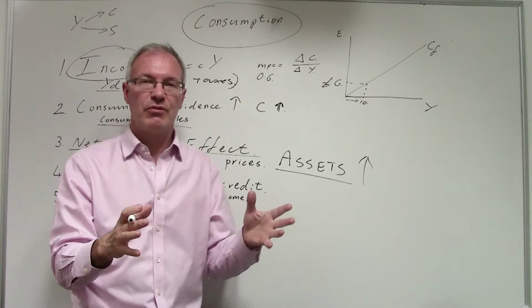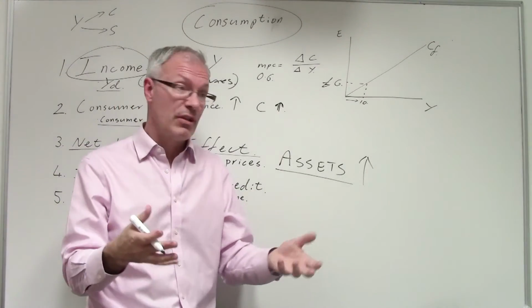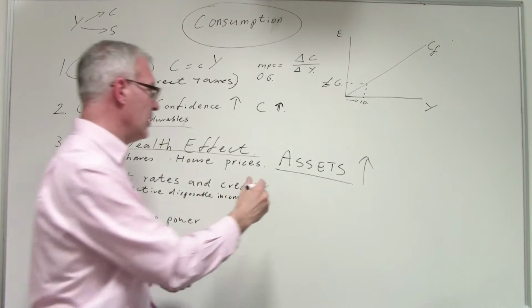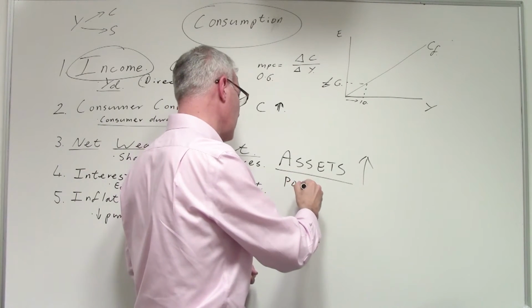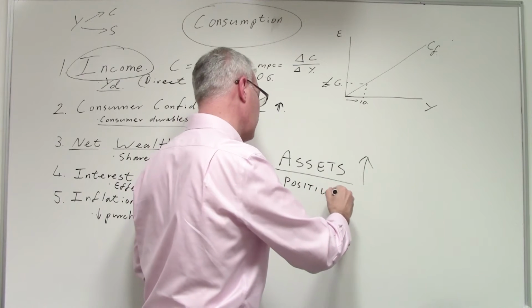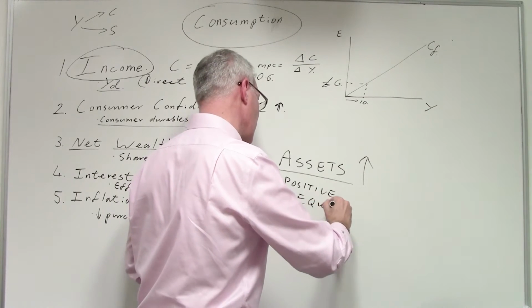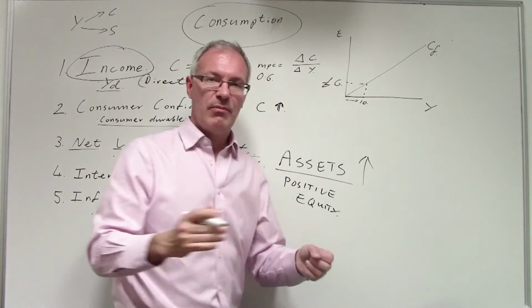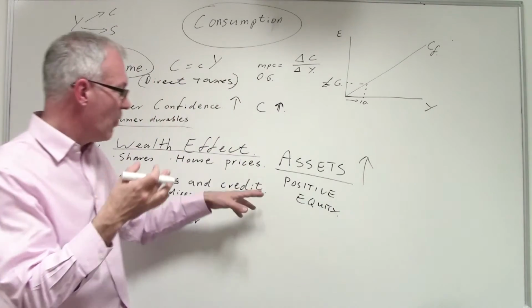And that will, first of all, create a feel-good factor that people will feel richer, but more importantly, people will have positive equity. So they will be richer because they have more wealth. They become more wealthy.